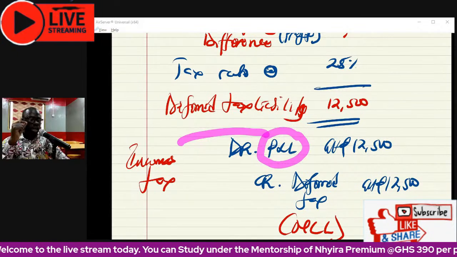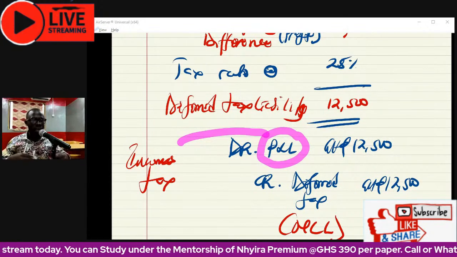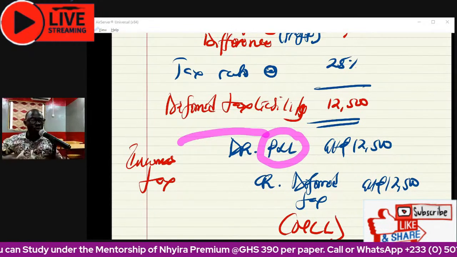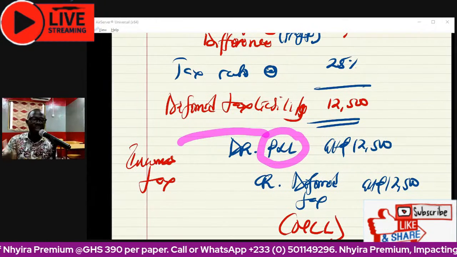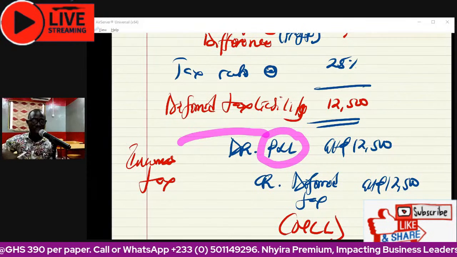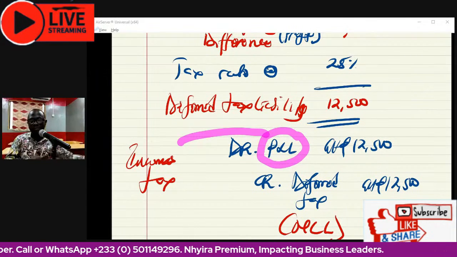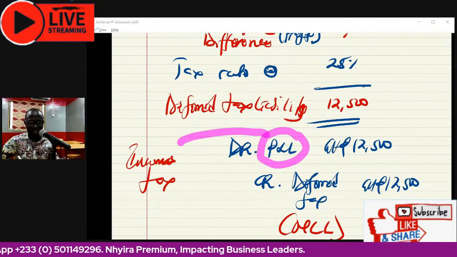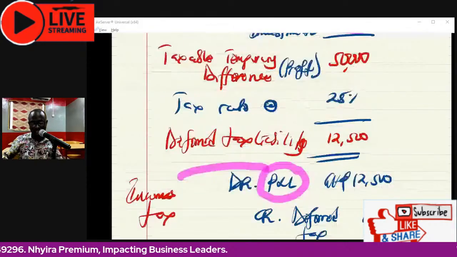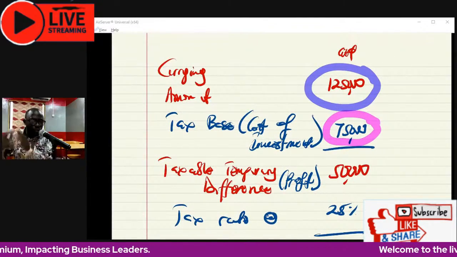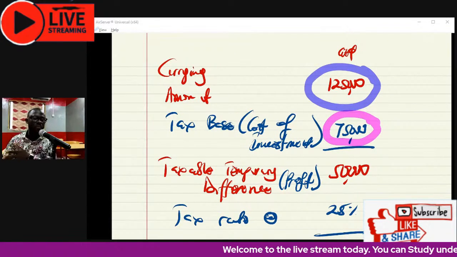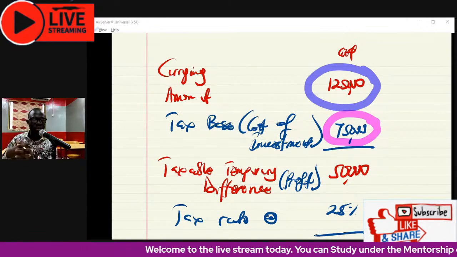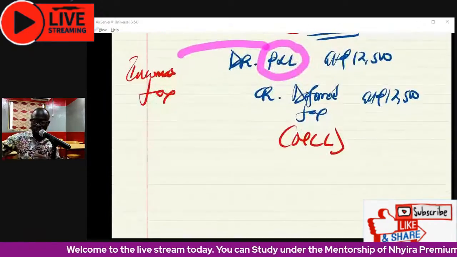Now, assuming this equity investment was carried at fair value through OCI, then this deferred tax will be taken to OCI and deducted from that fair value gain. And we'll get into some of these things much later on. But that is the principle of when there is that deferred tax figure coming in as a positive from the temporary difference. Any questions, please?